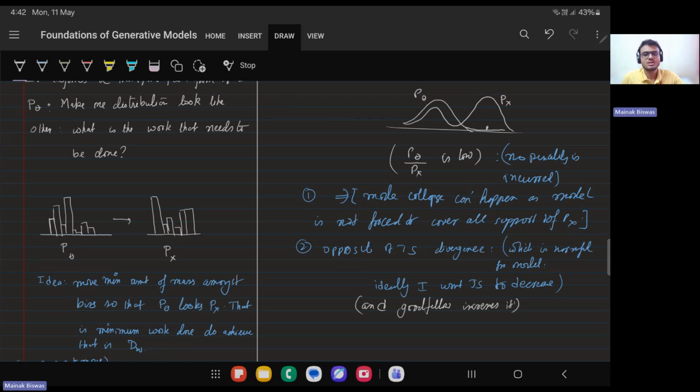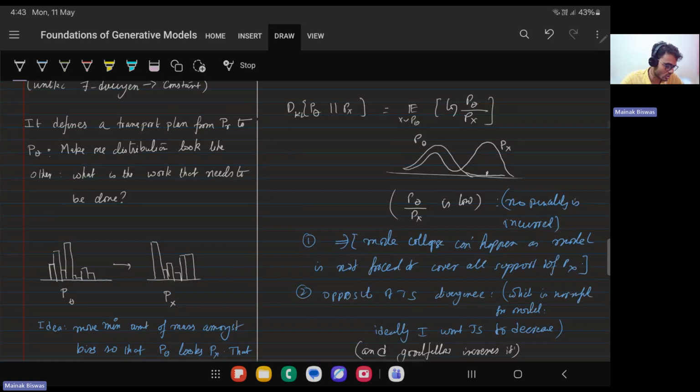But the thing is, it works okay-ish for empirical problems. It works good actually. So works good empirically, people go on with it. But sometimes this mode collapse problem has to be solved somehow.